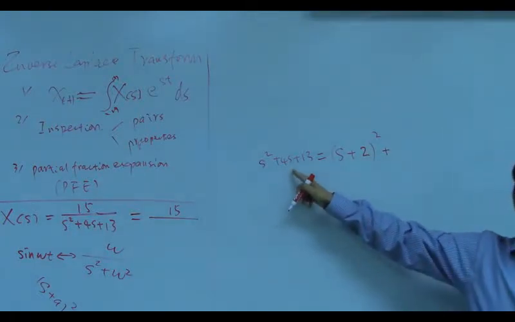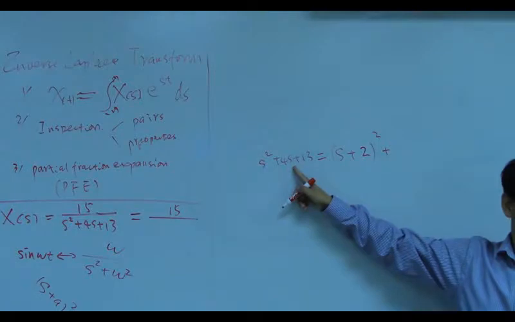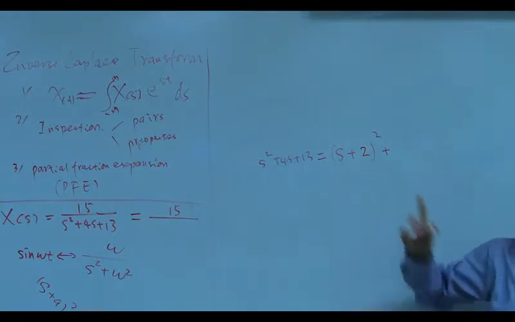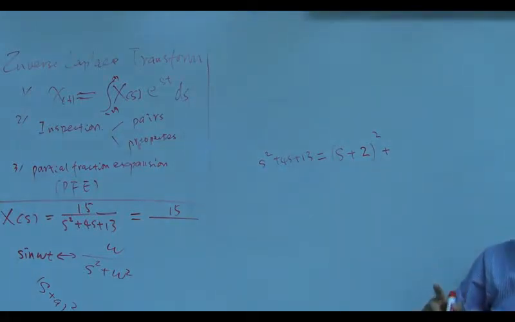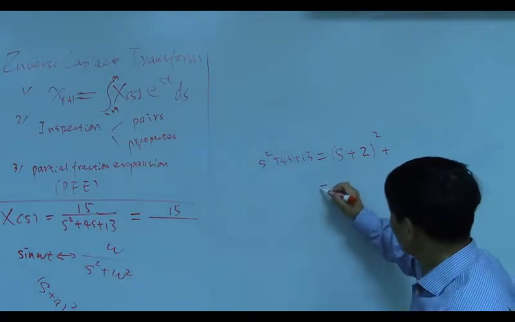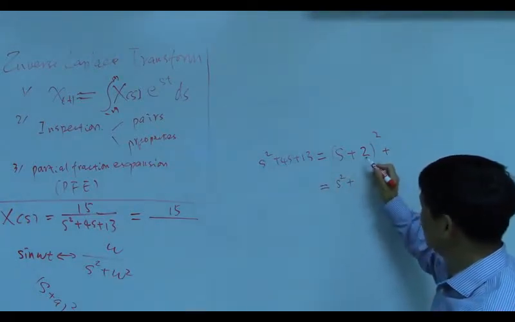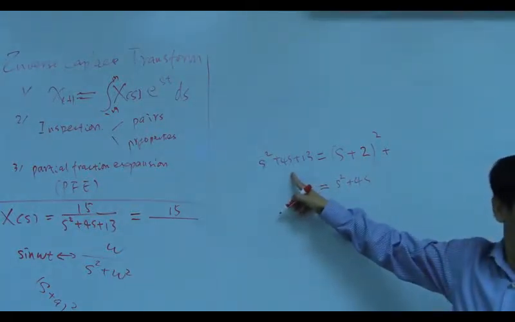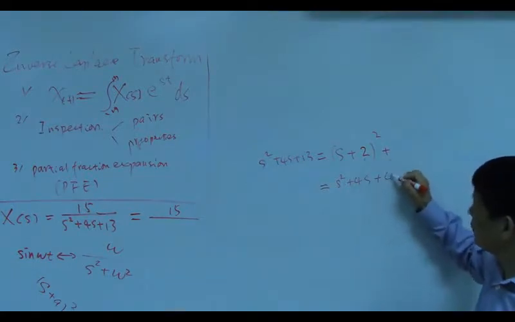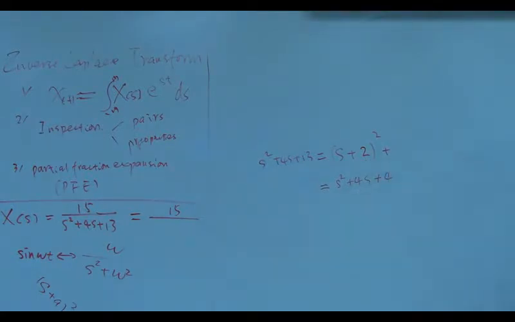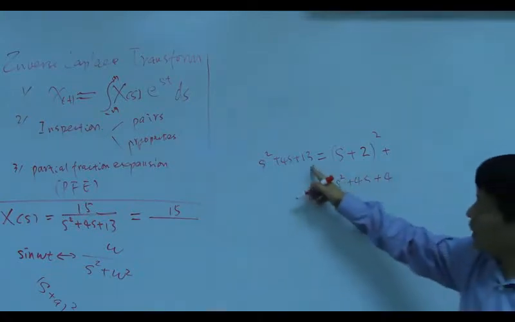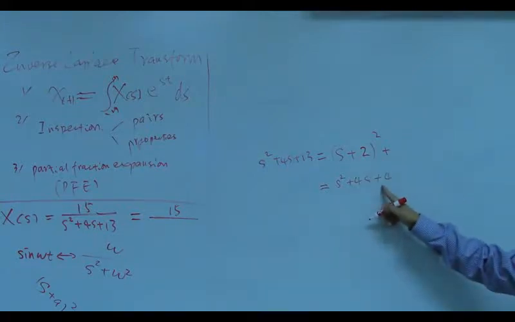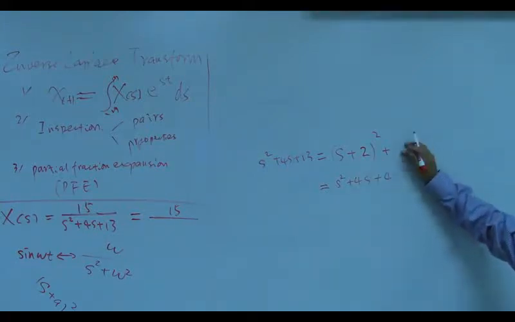It will be half of the coefficient of the first order of s. So 4 divided by 2 equals 2. So that must be 2 here. So this will be s squared plus 2 times s times a. So that is 4s. That's perfect here. And now we need a plus 4 here. So this is 2 squared. And then the next one, what we have is 13 here. But what we have in this parenthesis is plus 4. So we still need some more.